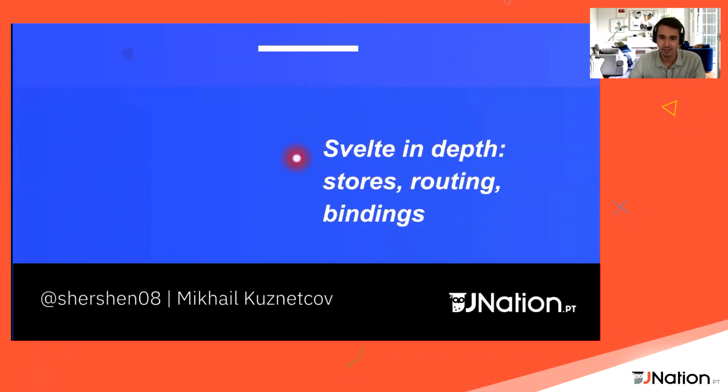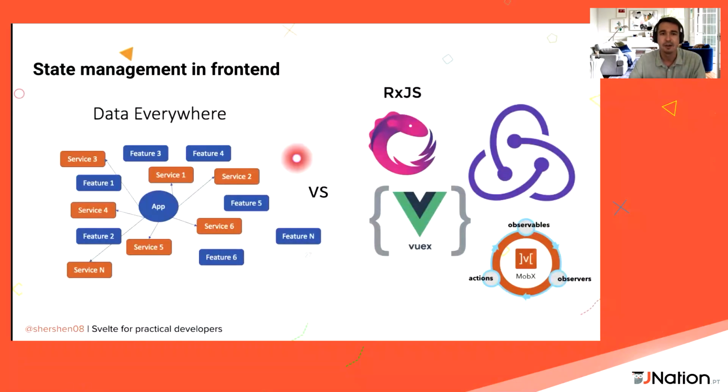Next block, the more advanced one about stores and routing. Of course, when your app starts growing, you know that it becomes a nightmare to manage data just inside of each component or move it to a global level. So we, the front-end community, were inventive enough to come up with several great projects, which I'm a happy user of some of them.